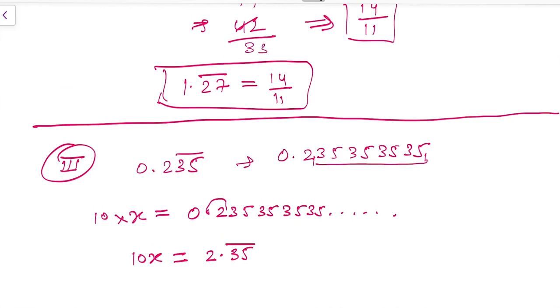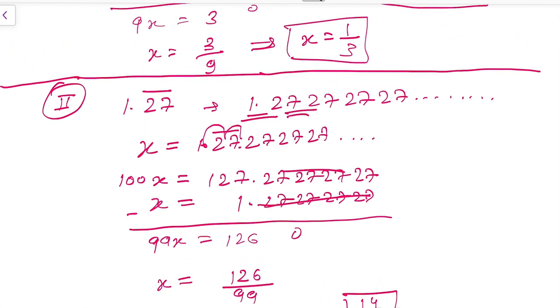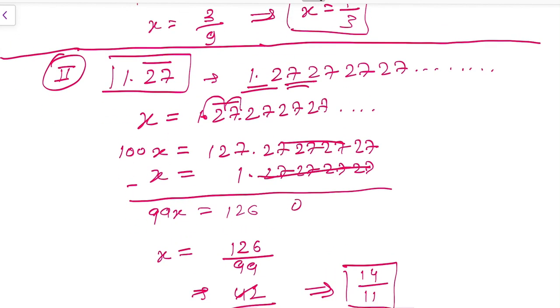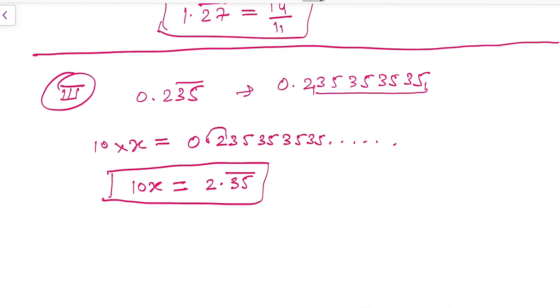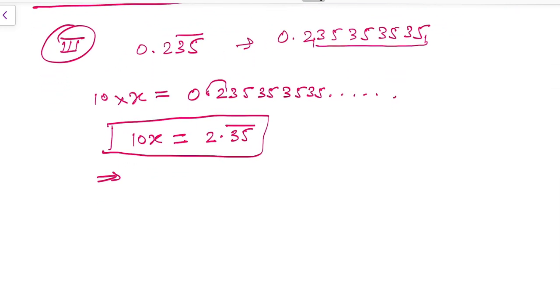Now this is the same type of equation as the second question, 1.27. There is a bar on 35, so 10x is equal to 2.35 35 35 and it continues.